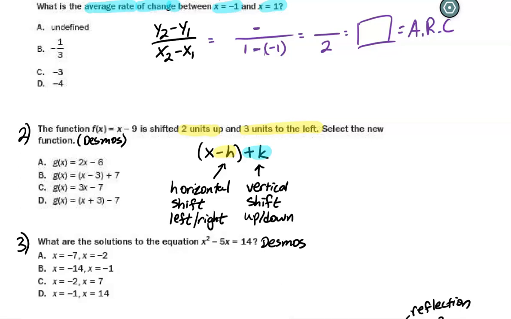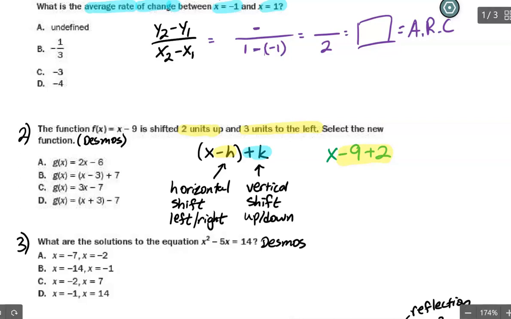So I want 2 units up, but here's the thing. It already has a -9. Well, I'm going to go up 2, so that's plus 2. This can be simplified. Then we have to decide what that is.